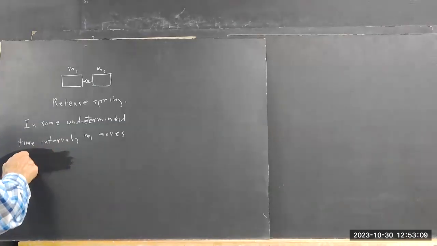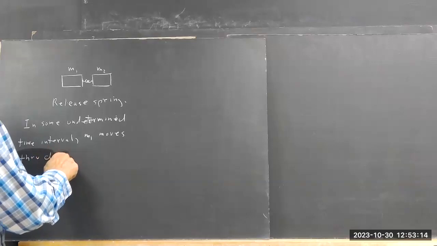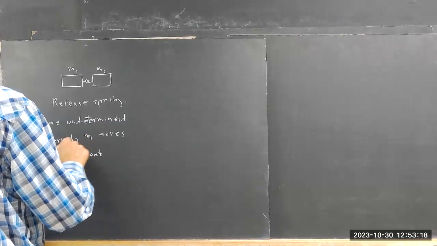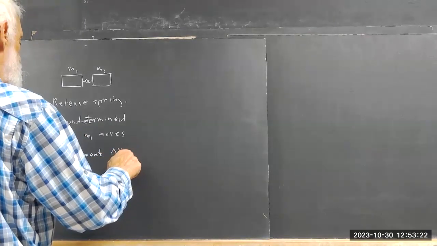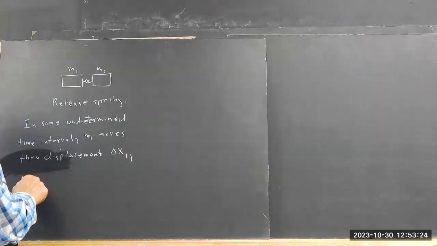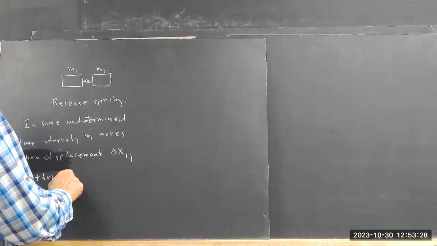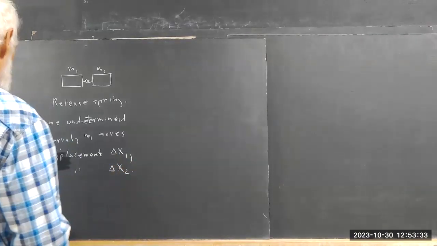Some undetermined time interval later, M1 moves through a displacement we'll call delta X1, and M2 moves through displacement delta X2.